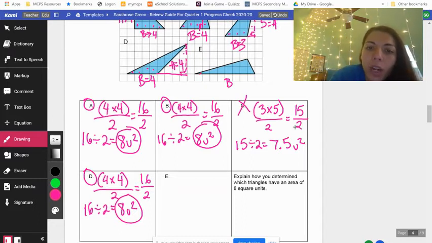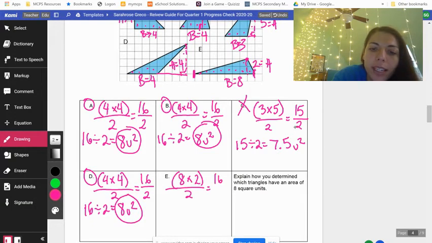For letter E, my base is 1, 2, 3, 4, 5, 6, 7, 8. Because remember, we're going to the corner for our base. And my height, if I go to the other one and I go straight down, my height is 2. So I have 8 times 2 divided by 2. 8 times 2 is 16.